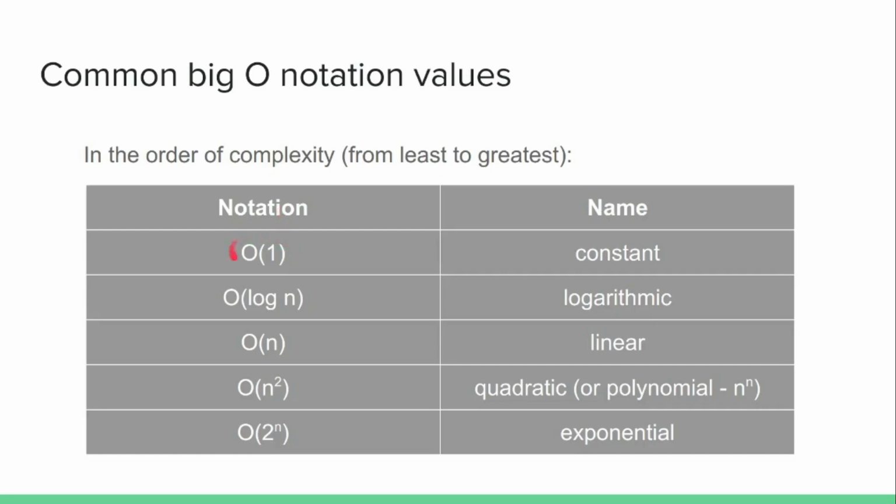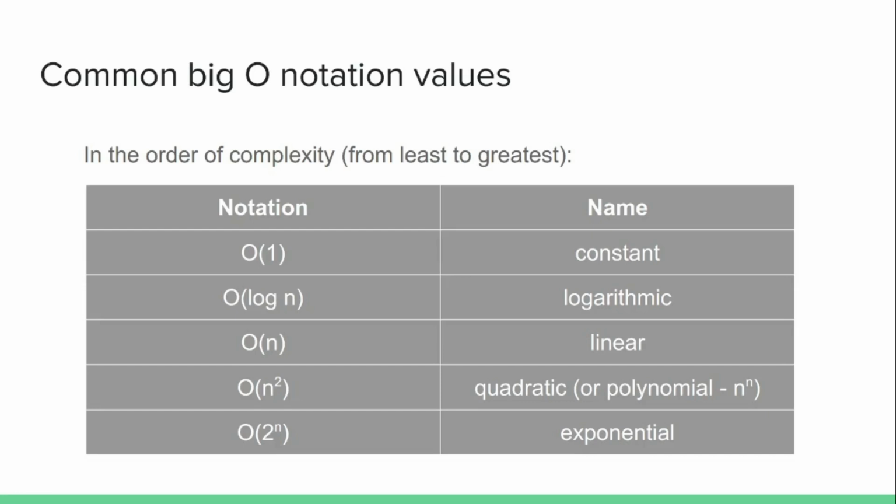At the top of the table, we have constant complexity. Constant complexity is noted by Big O of 1. What constant complexity means is that as our data size grows, the number of steps that our algorithm executes stays the same. It stays constant.